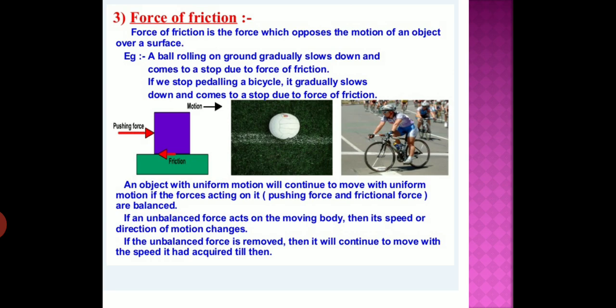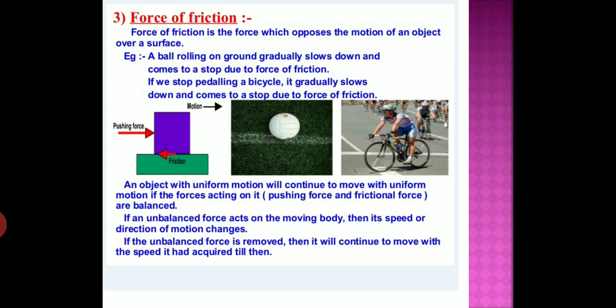And students, if you stop pedaling a bicycle, it gradually slows down and comes to a stop due to the force of friction. An object with uniform motion will continue to move with uniform motion if the force acting on it, pushing force or frictional force, is balanced.